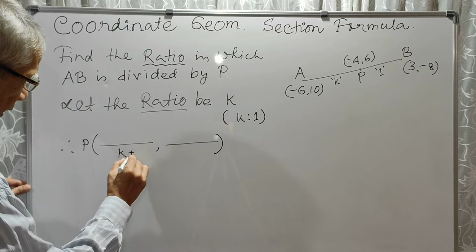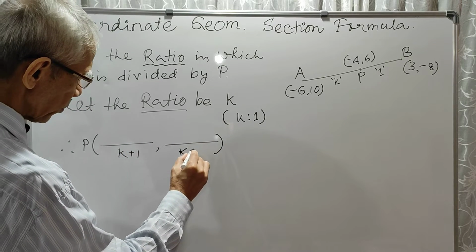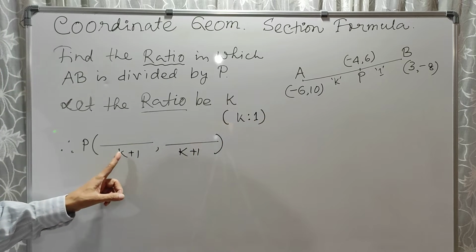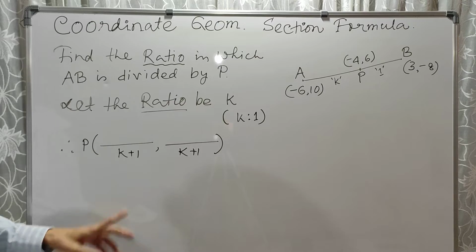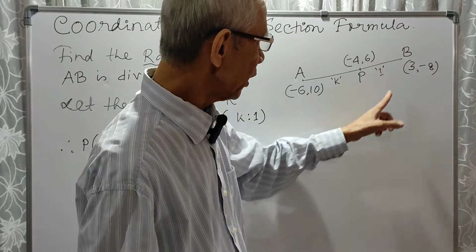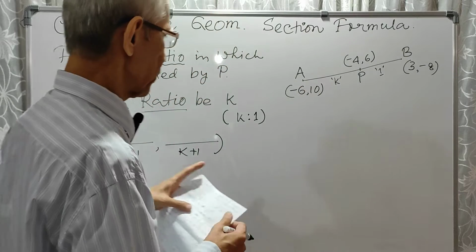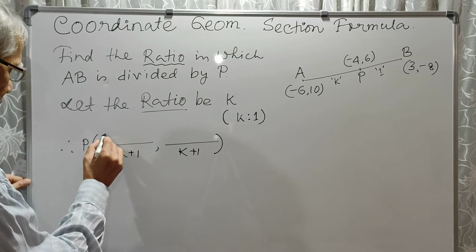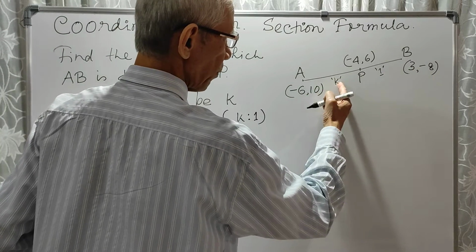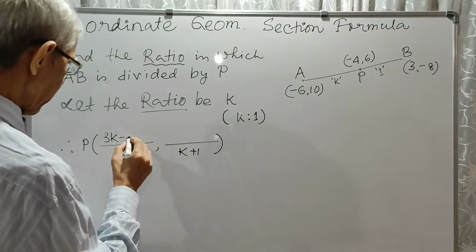It will definitely be K plus 1 in the denominator for both the coordinates, because the ratio is K is to 1. And the numerator, using that opposite rule, is K into 3 plus 1 into minus 6. K into 3 is 3K, plus 1 into minus 6, that is minus 6.